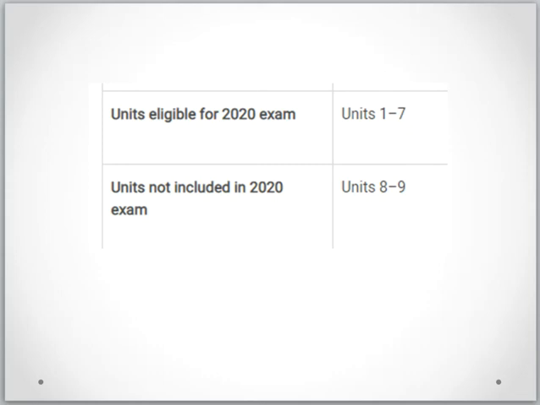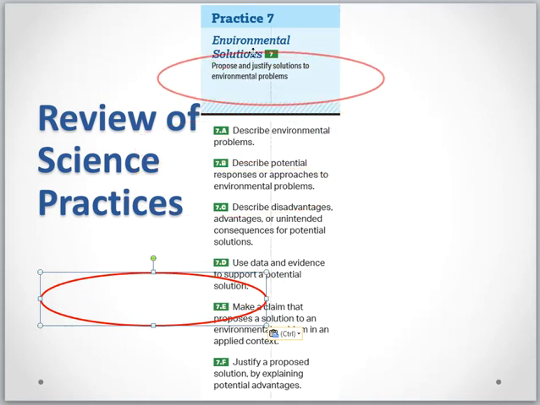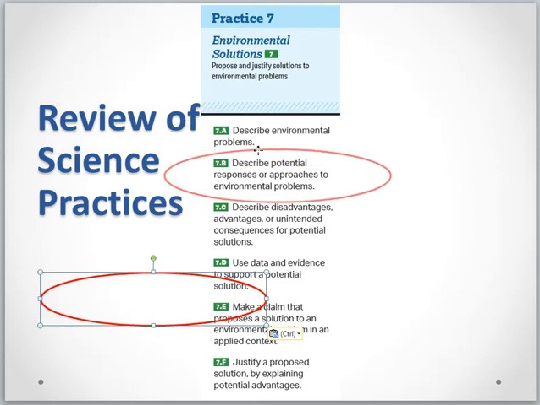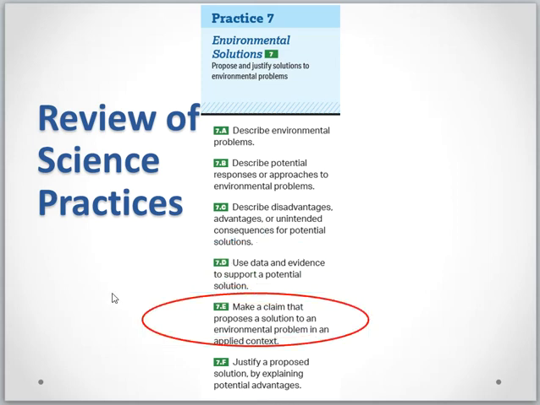Down here in science practice number 7, environmental solutions: propose and justify solutions to environmental problems. So what does that mean? Describing the problem. You need to understand what the problem is. Describing responses to it, advantages, disadvantages, using the data to support it. If you're going to make a claim using the data that's given, you need to incorporate that data in your answer and justify it.